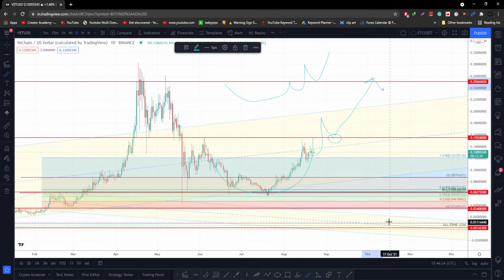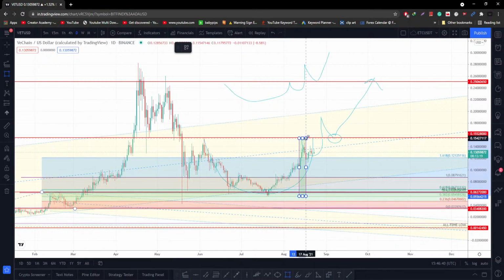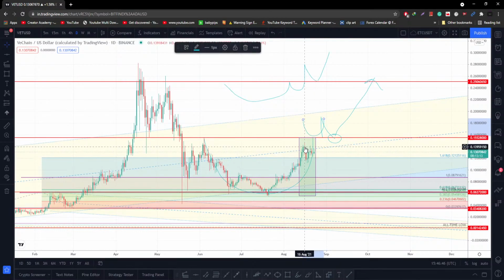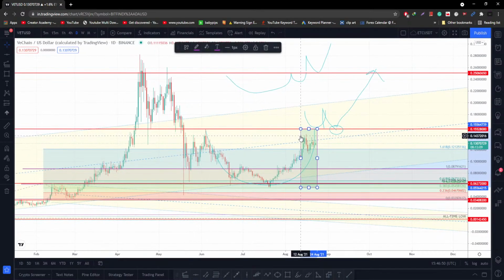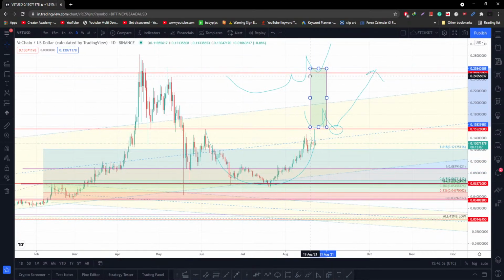In this case, the targets are generally equal to the height of this cup, and in this case, this is going to be how much? In this case, it is going to be almost, sorry, I've not been using this one for a long time.